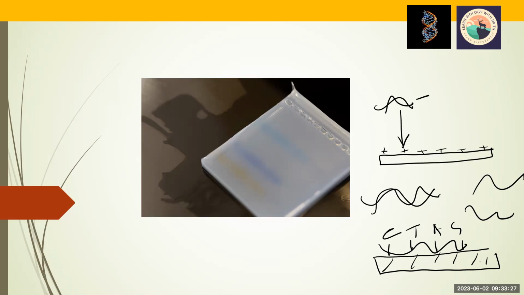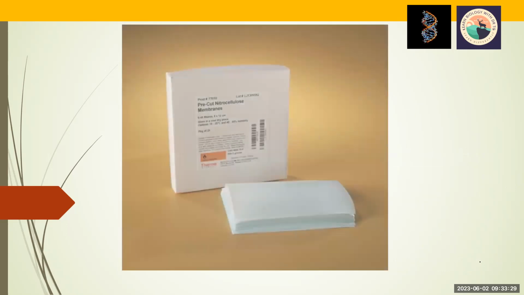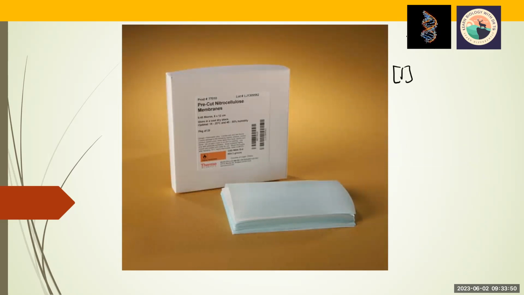Okay, let's see how we can do this. This is a nitrocellulose membrane, just a piece of paper. It has a small box, and there are around 100 papers which fit the gel. Now, the first step is to separate the double strand into single strands.